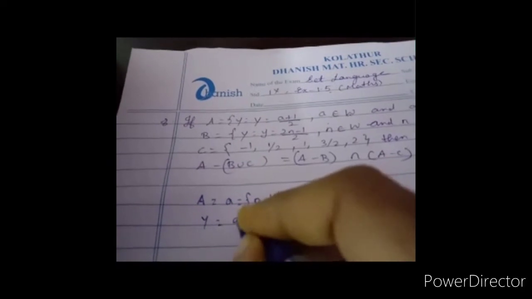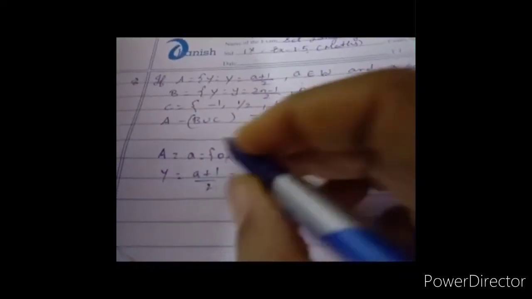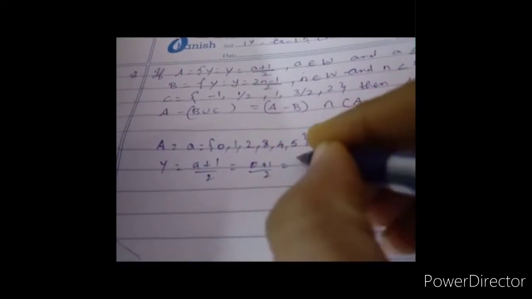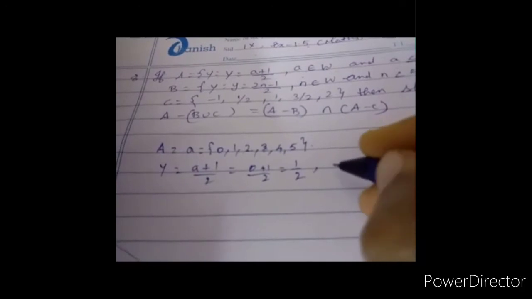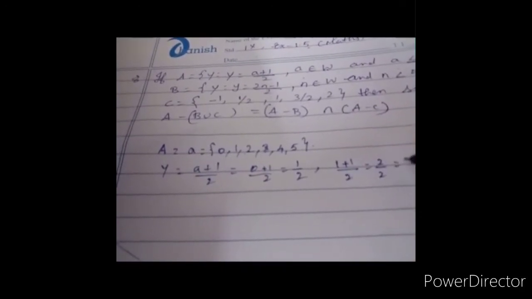Now y is equal to (a plus 1) by 2. So in the place of a, substitute the elements. 0 plus 1 by 2 is equal to 1 by 2. Then 1 plus 1 by 2 is equal to 2 by 2, which is equal to 1. Then 2 plus 1 by 2 is equal to 3 by 2.